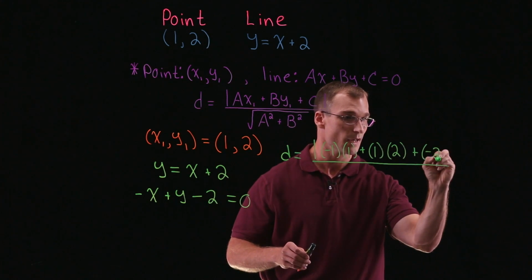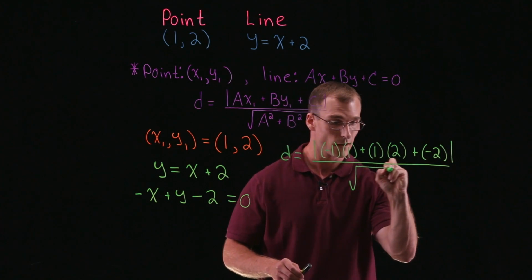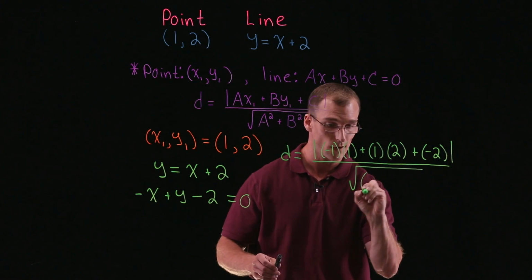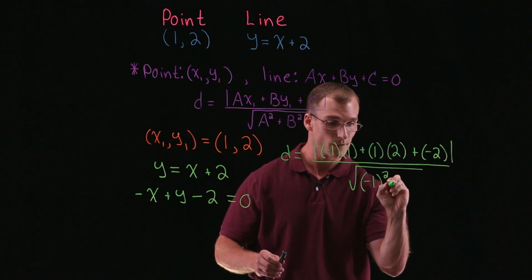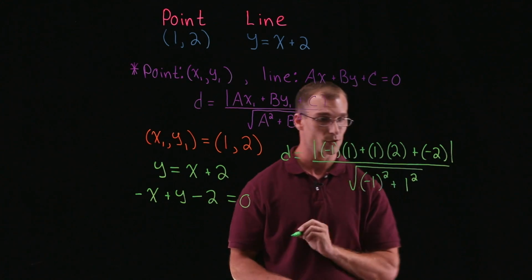So plus negative 2, in absolute value, and that's all being divided by the square root of a squared plus b squared, where again a is negative 1, so negative 1 squared, plus b, which again is positive 1, so plus 1 squared.